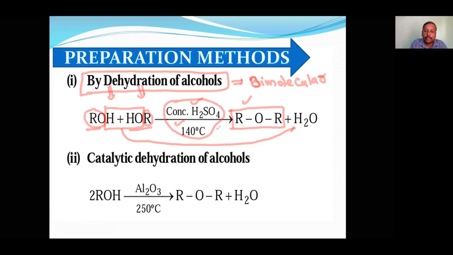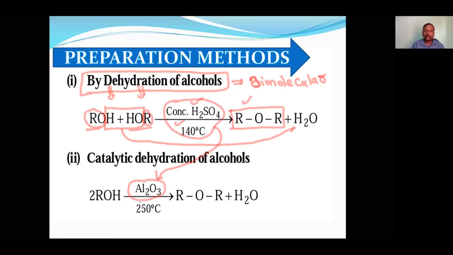And if we change the catalyst now, so actually sulfuric acid is a dehydrating agent. It will remove the water molecule. We can replace the concentrated sulfuric acid with Al2O3. And then the temperature will change.